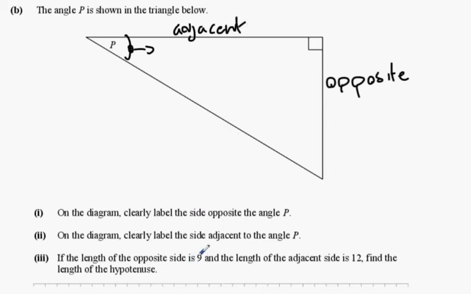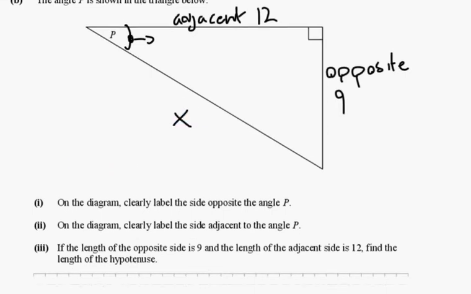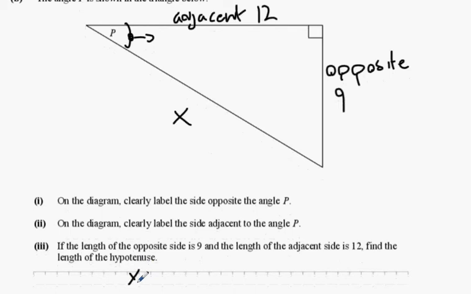If the length of the opposite is 9 and the length of the adjacent is 12, find the length of the hypotenuse. How do you find the length of the hypotenuse, guys? Pythagoras' theorem. X squared equals the smaller two squared and added together. So what are the smaller two? 12 and 9.